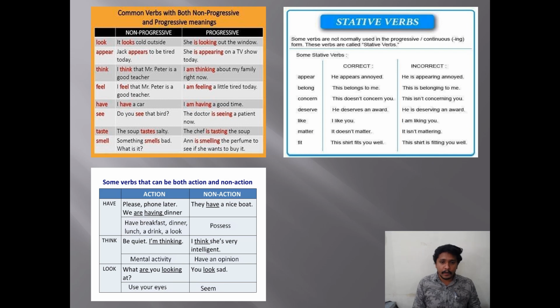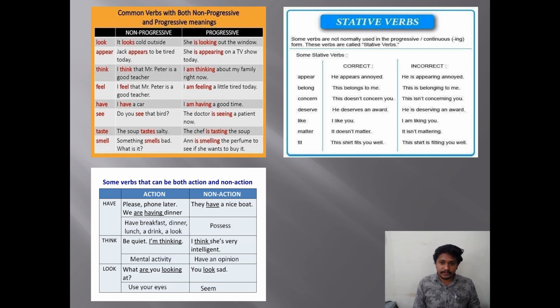Here, look at common verbs with both non-progressive and progressive meaning. Progressive means continuous, so these are verbs we can use with the ing form. The first one, look. It looks cold outside. It is a state verb. But at the same time, that state verb we can use as continuous. She is looking out the window.